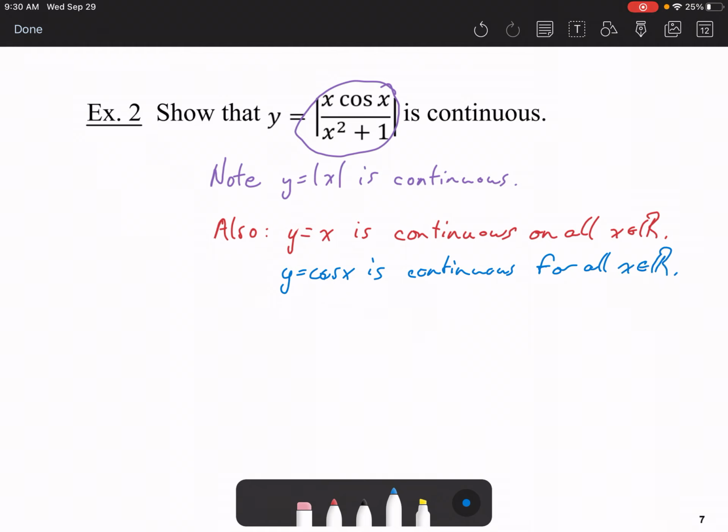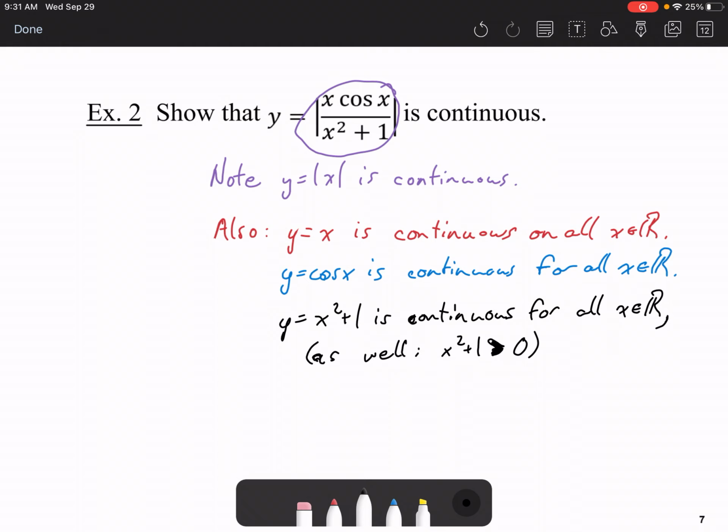You may also notice x squared plus 1 is always greater than 0. In fact, it's always greater than or equal to 1. So it'll never equal 0.